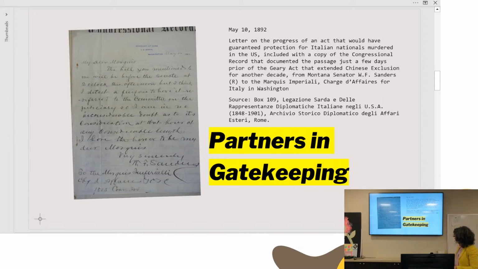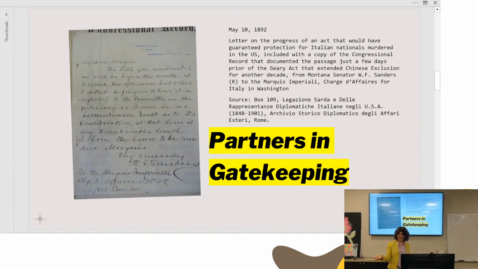And there's some language in the letter that tells us about the relationships between the diplomats and lawmakers in Washington, D.C. And these relationships weren't just the formal stuff we saw in the last letter, right? So in this letter, there's words like, my dear Marquis, right? And the bill you mentioned to me. So what does that tell us about their relationship and how much U.S. law was interesting to Italian diplomats?